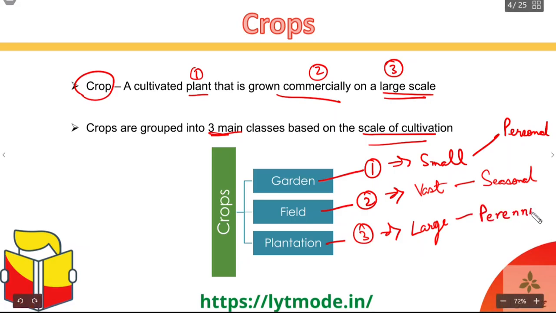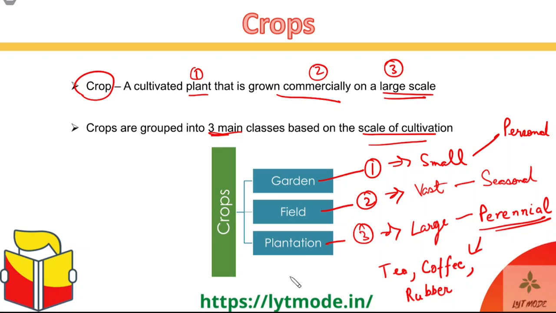Okay, so what are these crops known as? Perennial crops. And perennial crops, for example, you can say tea, coffee, and then rubber. So all of these crops are basically grown on a large scale in plantations.